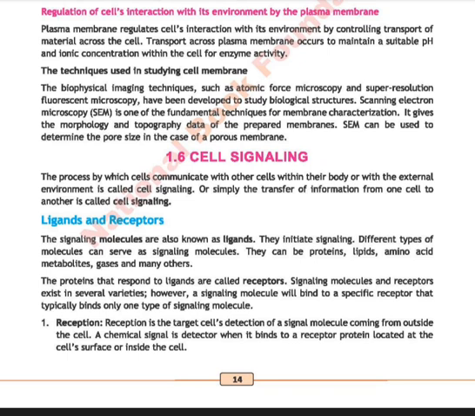It gives the microscopy and topography data of prepared membranes. Scanning electron microscopy can be used to determine the pore size in case of porous membrane.